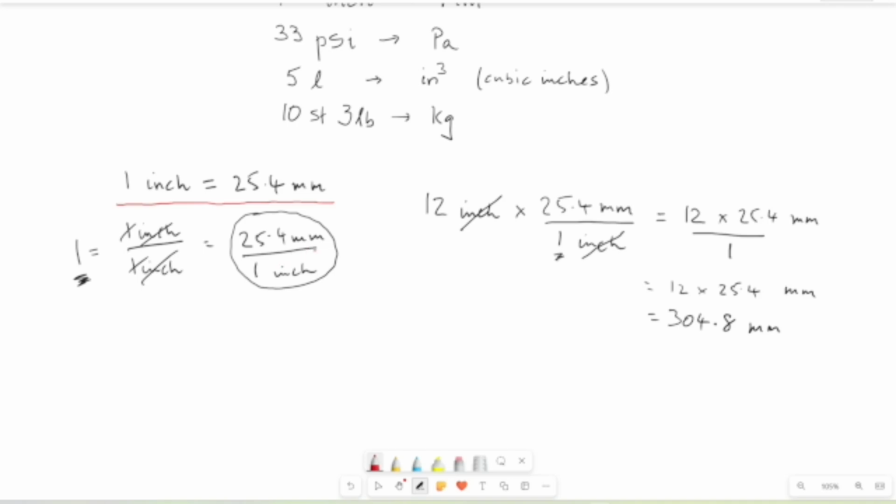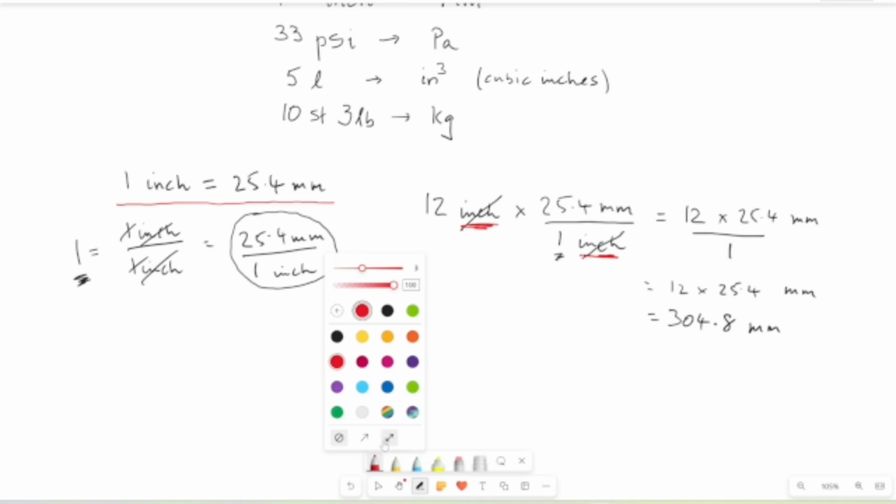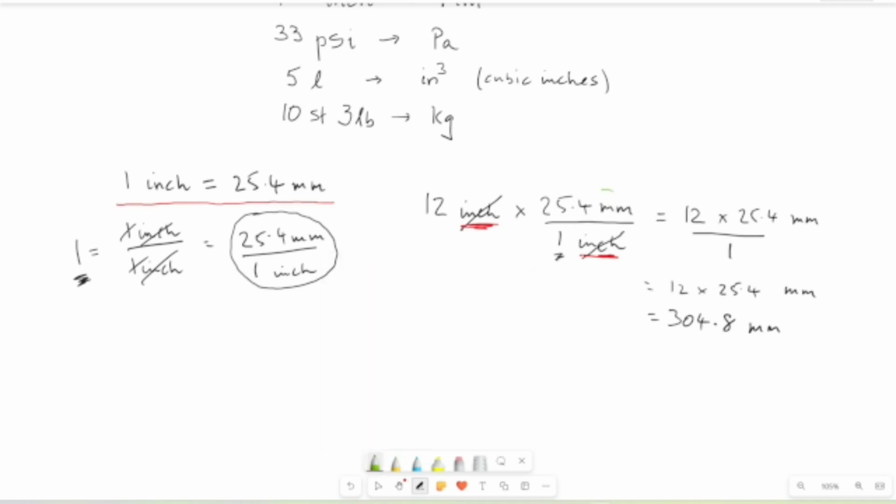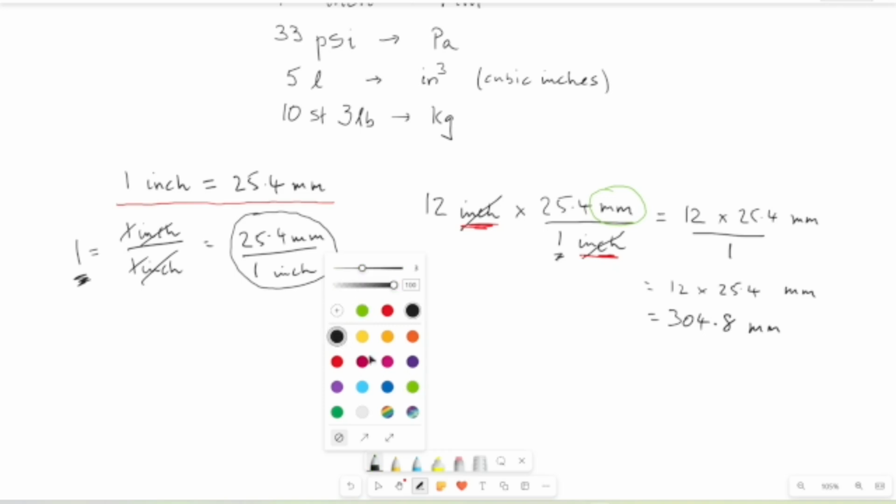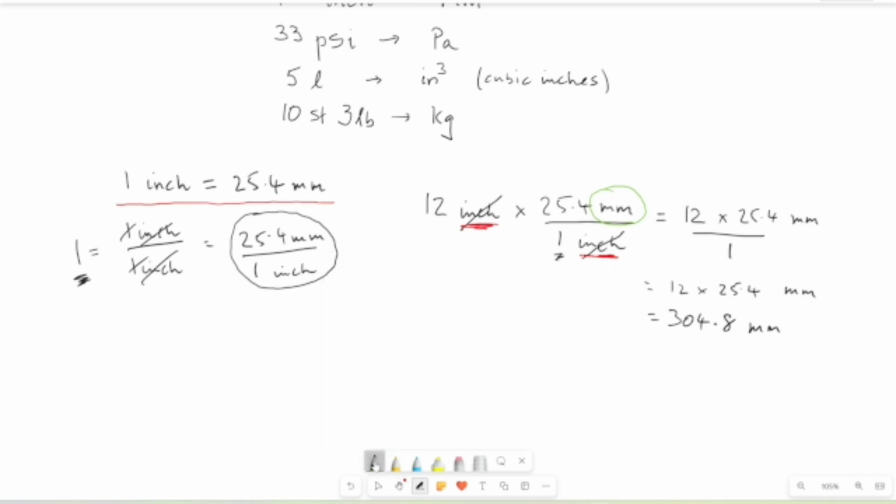That would allow me to cancel the one I didn't want, which was inch. I cancelled that with inch, and it left me with the one that I did want, which was millimeters on the top. So that's the way this method works, and I think you'll see that it's really very simple.